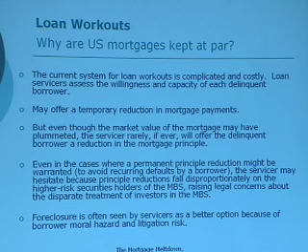Even in cases where a permanent principal reduction might be warranted to avoid recurring defaults by the borrower, the servicer may hesitate because principal reductions fall disproportionately on the higher risk security holders of the MBS, raising legal concerns about the disparate treatment of investors in the MBS securitization. Foreclosures are often seen by servicers as a better option because of the reduced moral hazard and the lack of litigation risk relative to writing down the principal balance.